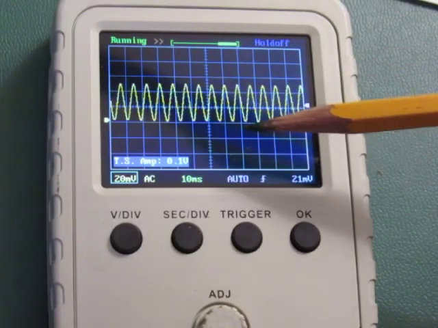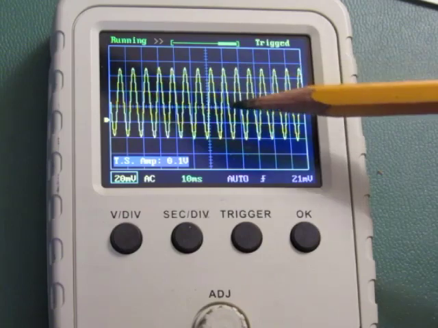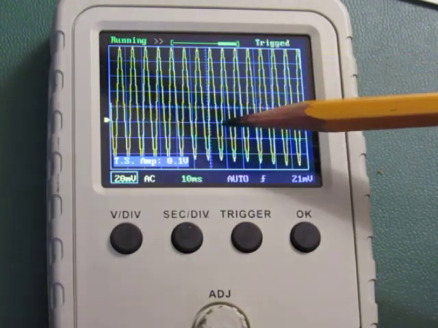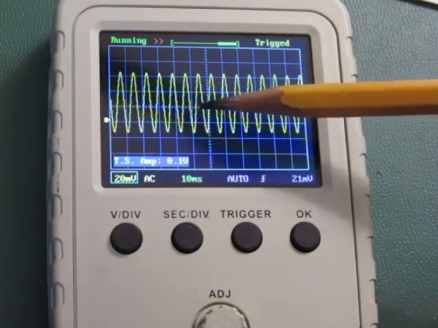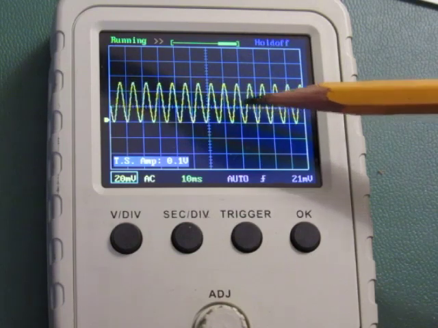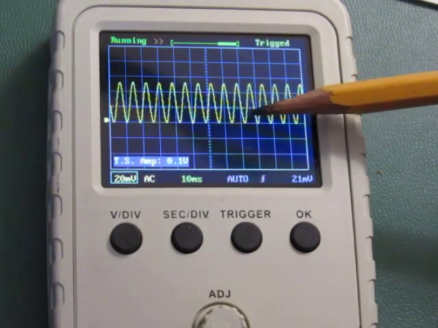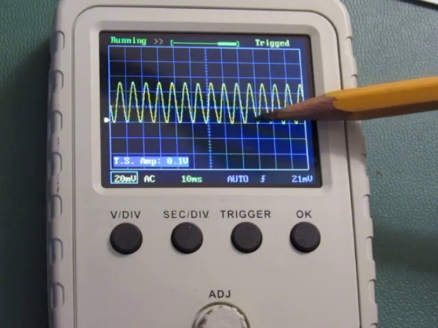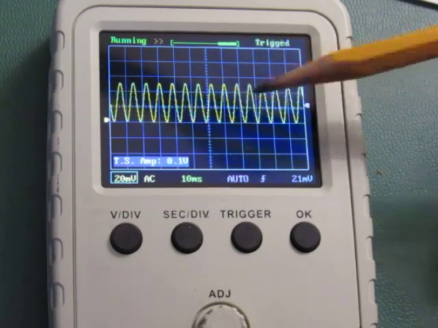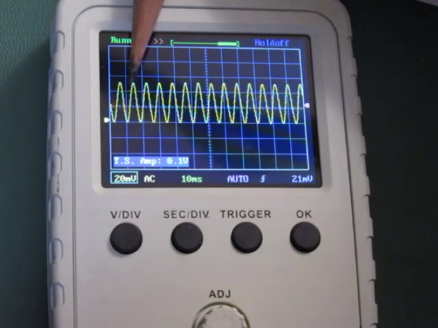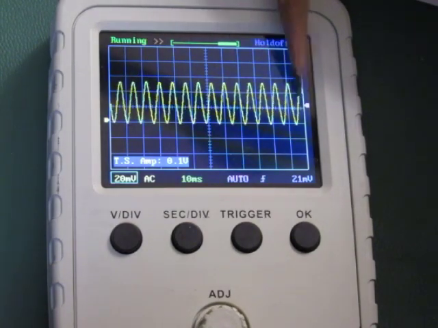You'll notice that as I change the amplitude of this signal, I'm not changing the frequency of the signal, meaning that the amplitude is how much space this little sine wave takes up vertically, and the frequency is how much space it takes up horizontally.